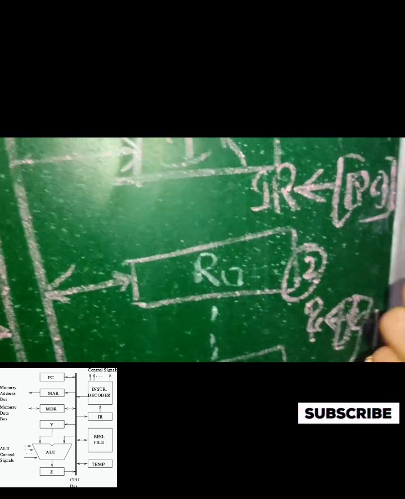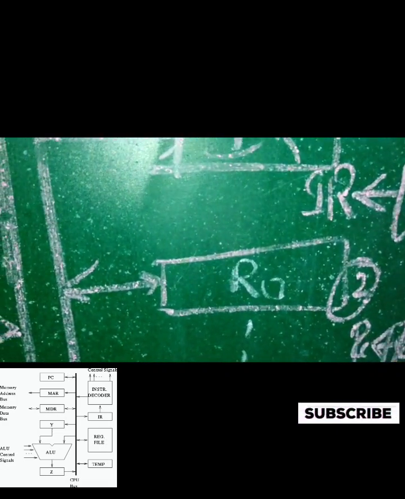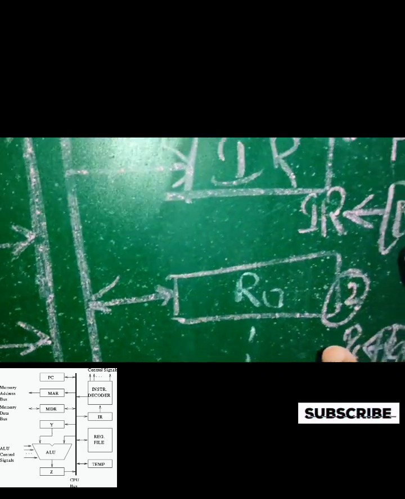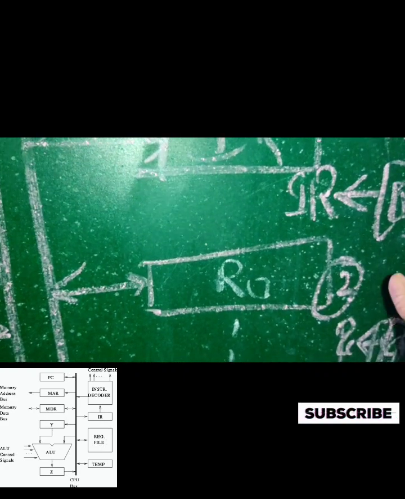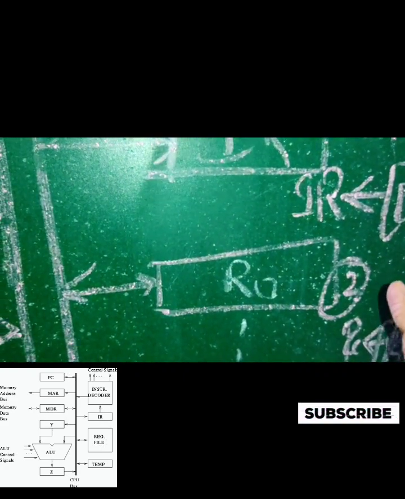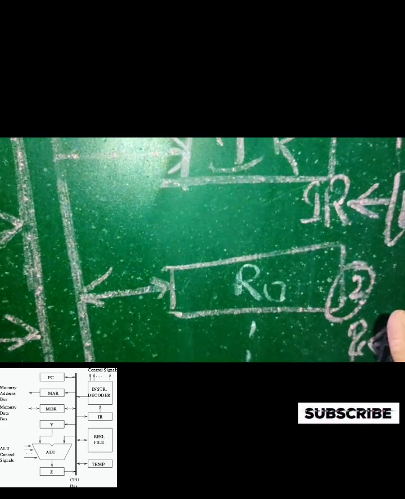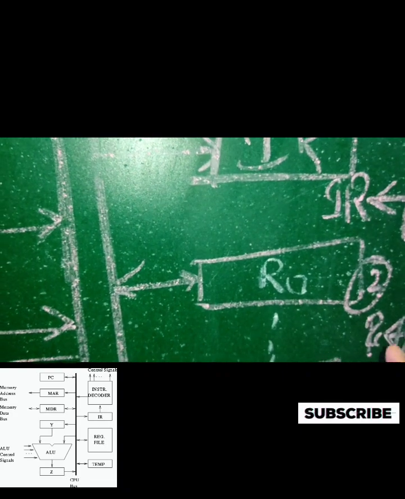Generally an instruction can be carried out by performing one or more of the following operations. One is fetching the contents of a given memory location and loading them into CPU registers. Then, storing a word of data from the CPU registers into memory locations.